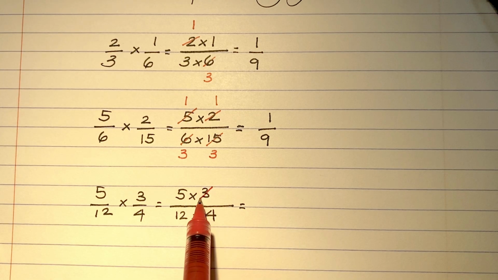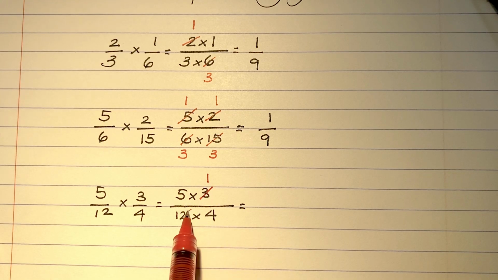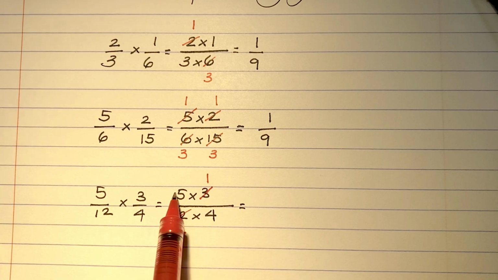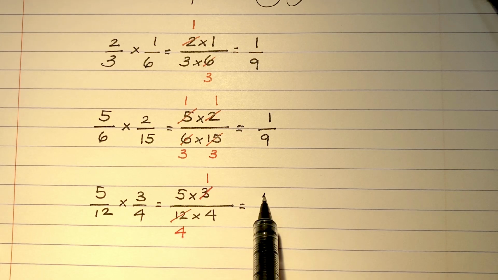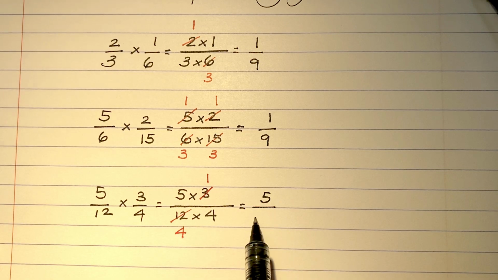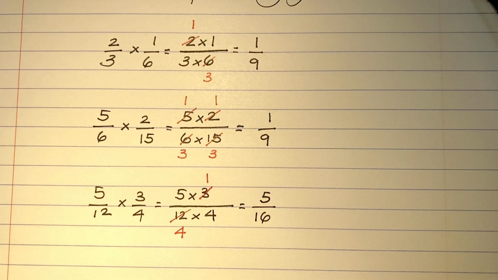So here we go, 3 into 3, 3 into 12. 5 and 4, and 5 and 4 do not cancel. So we have 5 times 1, 4 times 4, and the answer is not top heavy, is a proper fraction, and cannot be simplified any further, and that's the final answer.